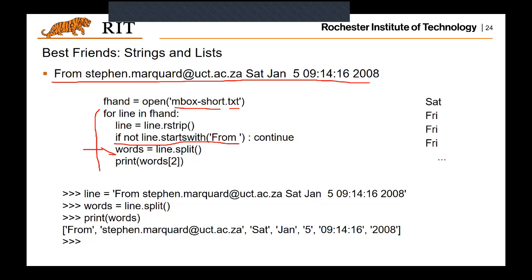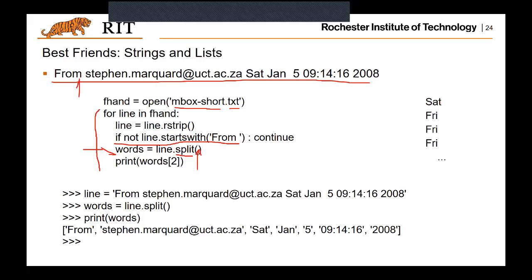In this case, you use the split, and basically you put nothing here. That means it will convert the original line to a list of strings using the space as the separator.